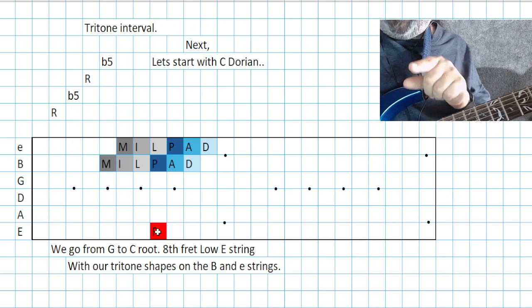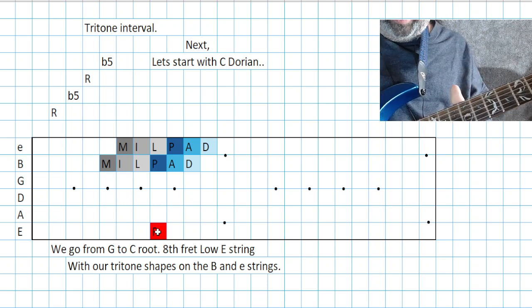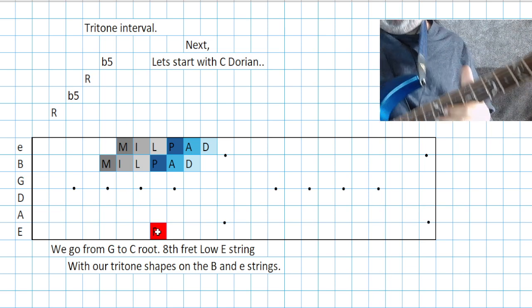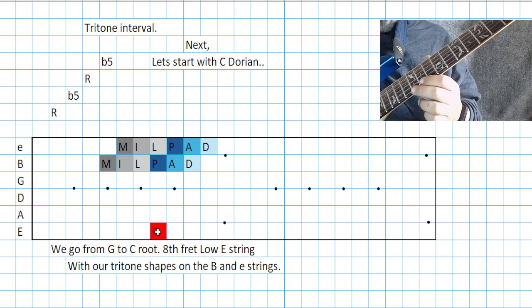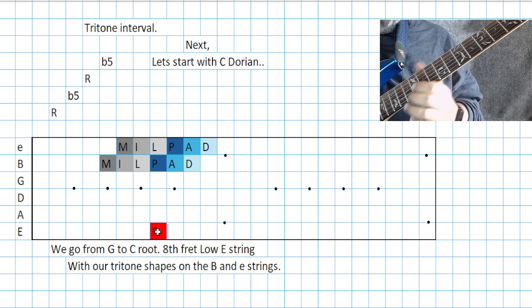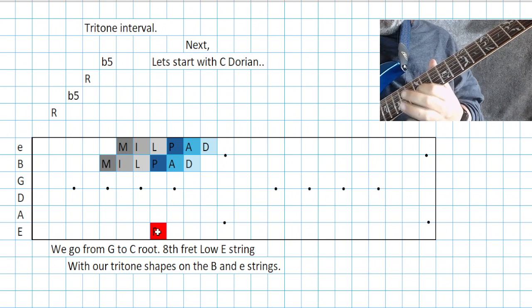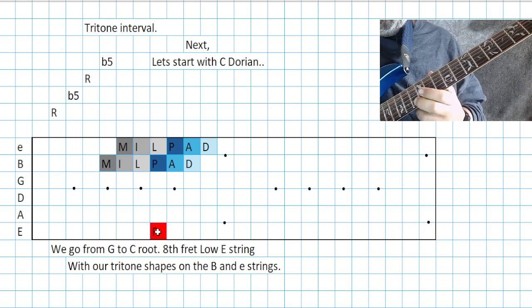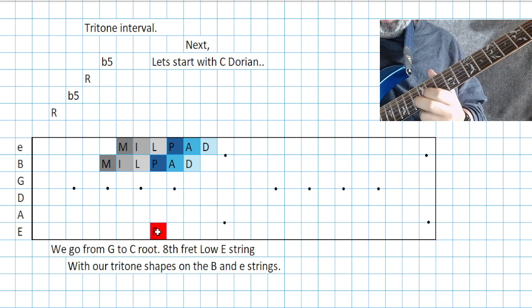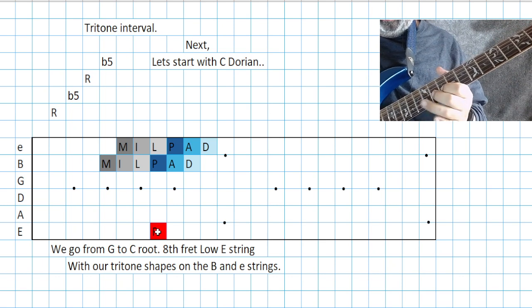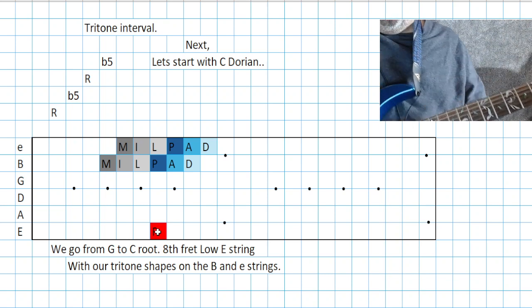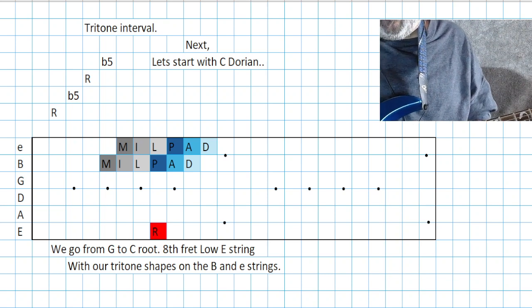Now remember earlier we talked about enclosing this tritone shape with a square, or the other method of using it as the gut notes for Aeolian. That'll become clear in a couple more diagrams.